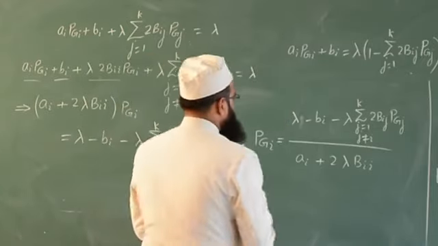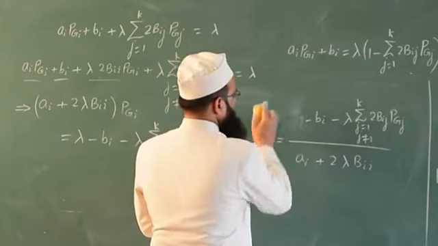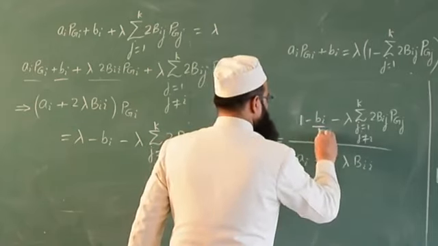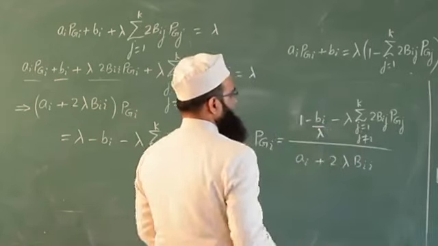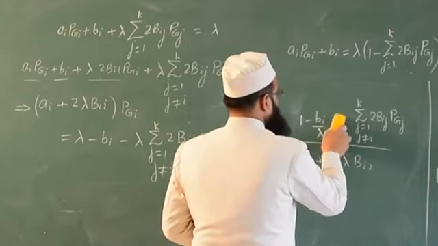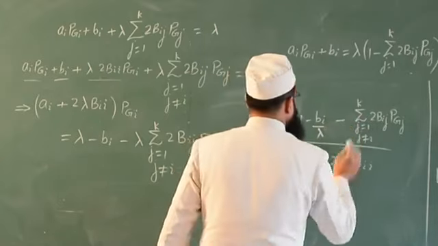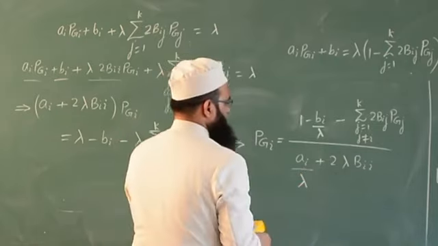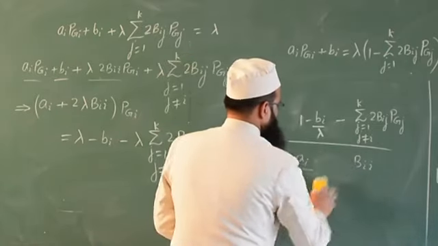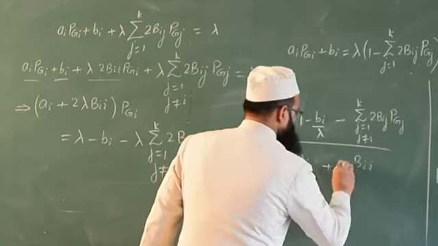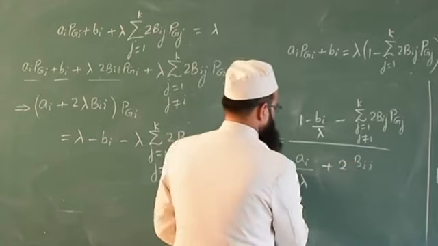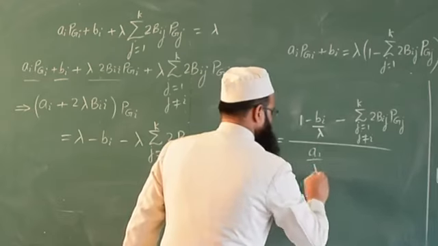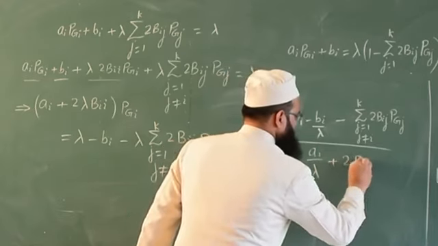Lambda upon lambda will be 1 minus Bi upon lambda, minus the summation j not equal to i of 2 Bij PGj; this lambda is gone because we are dividing by lambda, upon Ai upon lambda plus twice Bii.